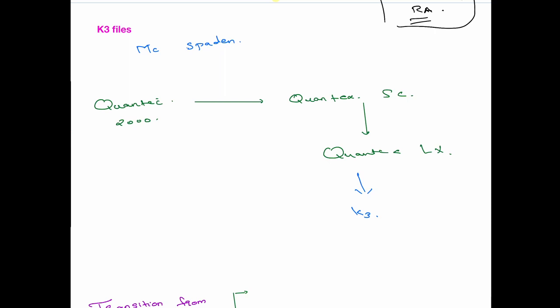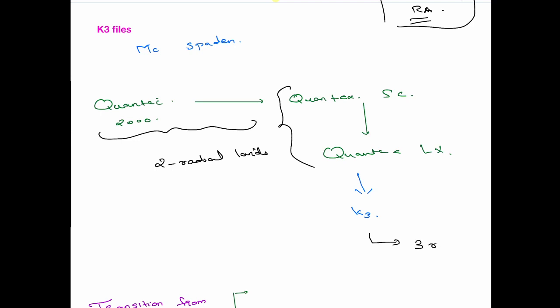Now the difference, I'll explain this to you. In the Contact system, all three are composed of two radial lands. You know what radial lands are now? Two radial lands. But when you come on to this one, you have three radial lands. I'll show you this. Three radial lands.